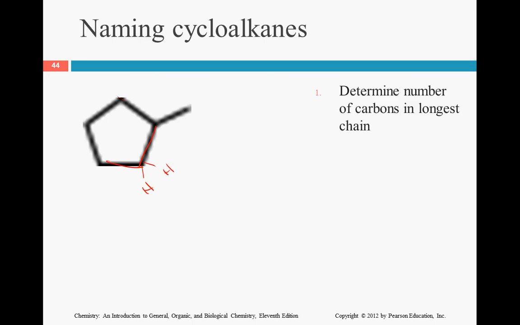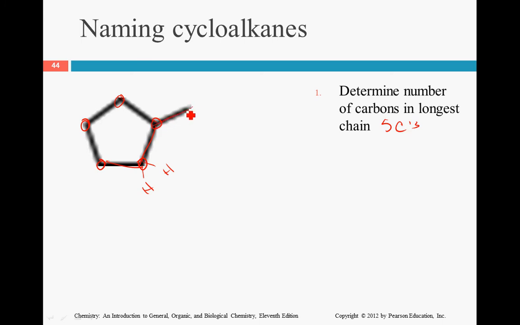When you are determining the name of the cycloalkanes, you are once again going to be looking for the longest chain. For our purposes, our longest chain is going to be within the geometric shape itself. So for instance, we have 1, 2, 3, 4, 5 carbons here in the longest chain.